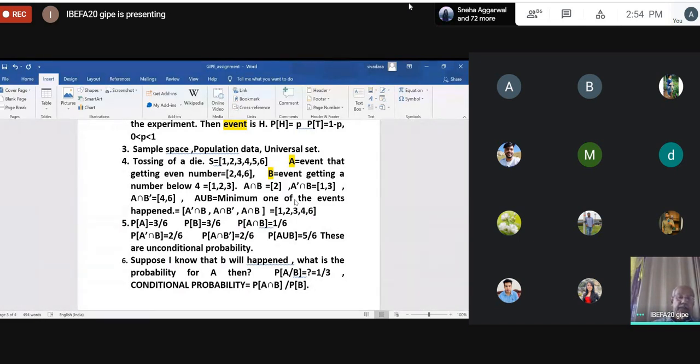Five is unconditional probability, 6 is conditional probability.